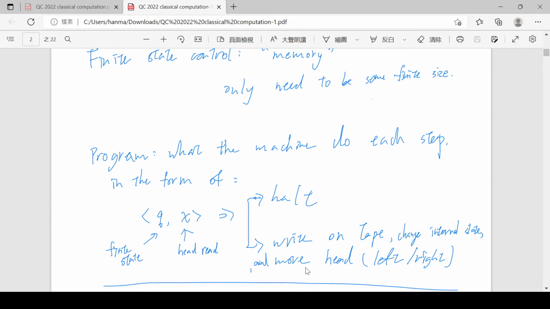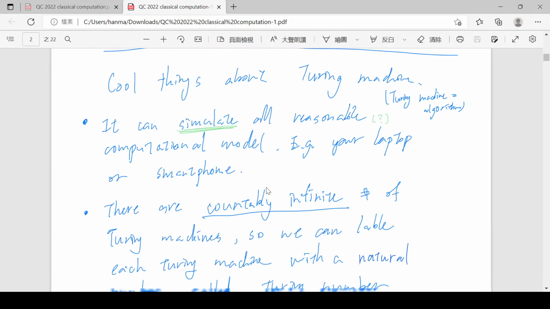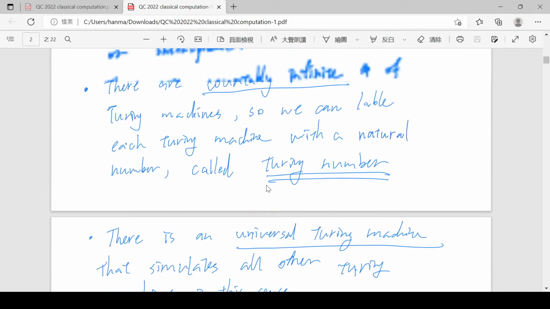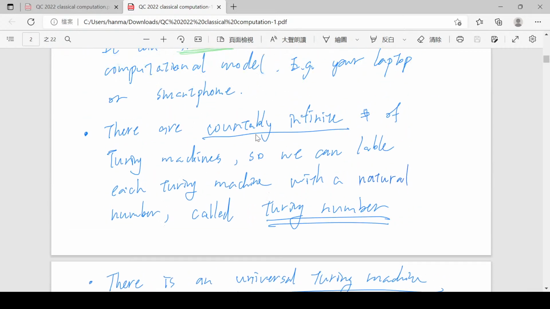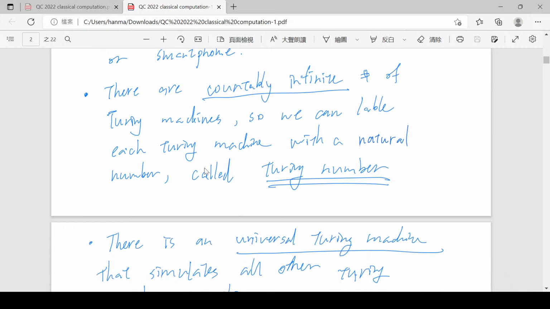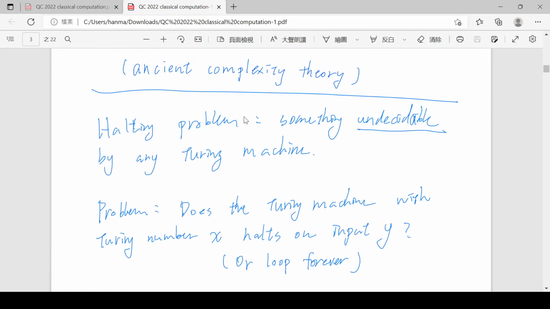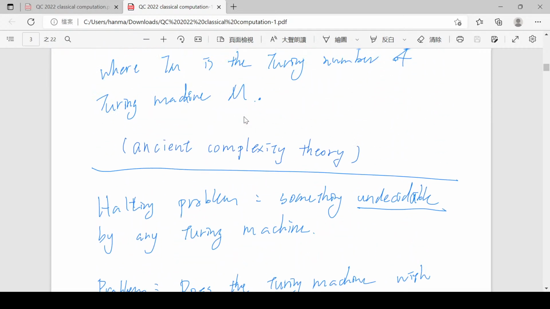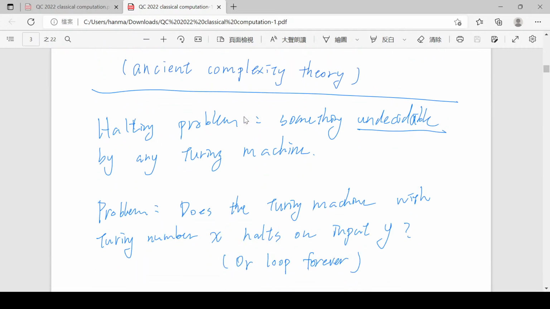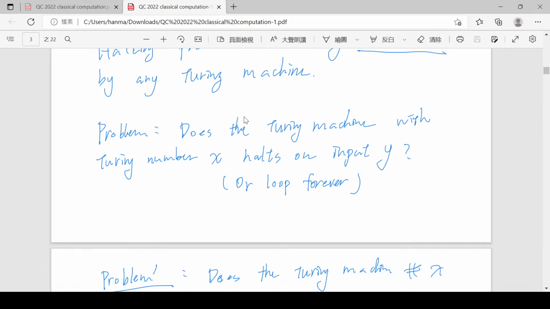And those are all discrete numbers, so it's very easy to count those. There are infinite number of possible programs, but you can count them. So you can assign a number to each different machine, and that number we call Turing number. And so that's just an easy way to count Turing machines.